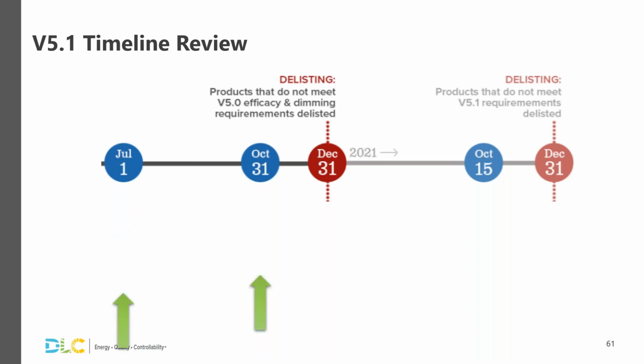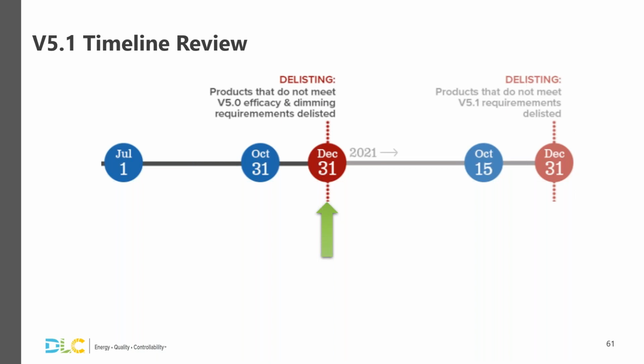Go ahead and advance, Axel. That means that all products submitted for qualification on or after November 1st of 2020 will be subject to all of the version 5.1 technical requirements. On December 31st of 2020, any products that do not meet the 5.1 efficacy and dimming requirements as described previously will be delisted.